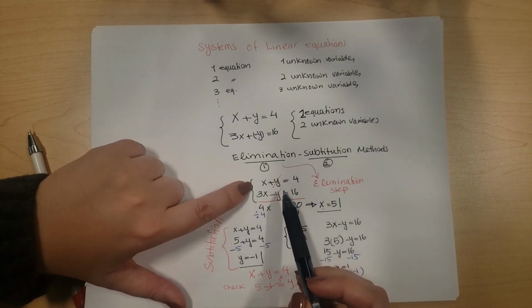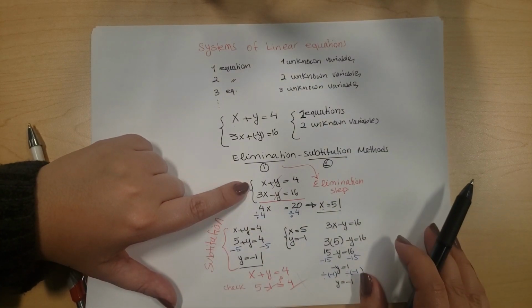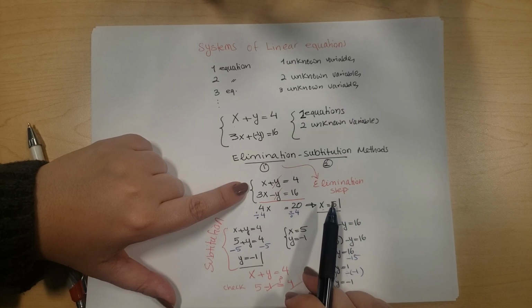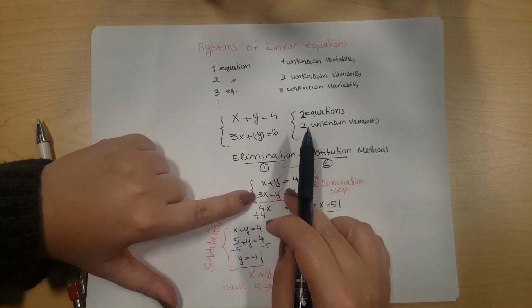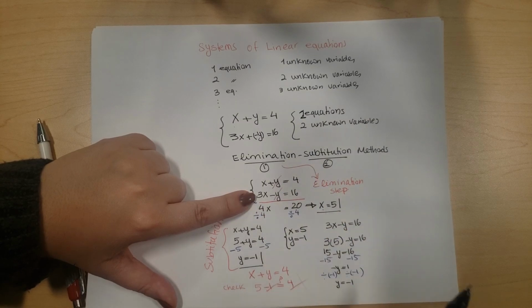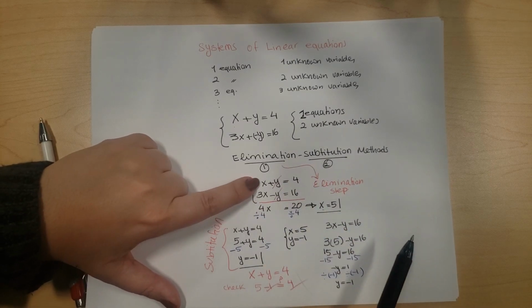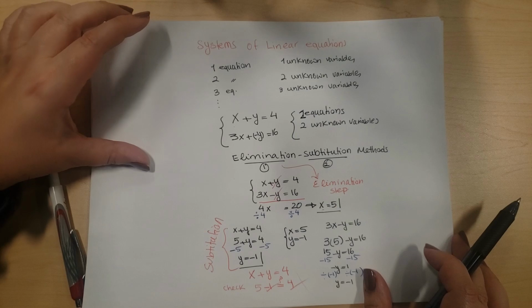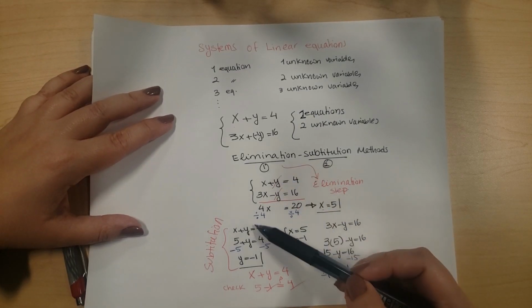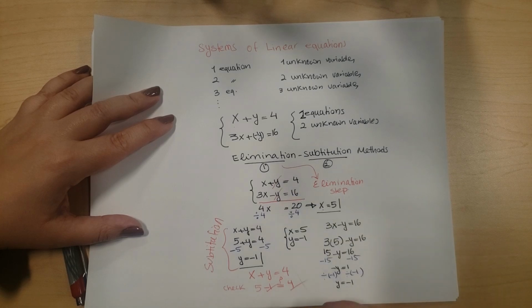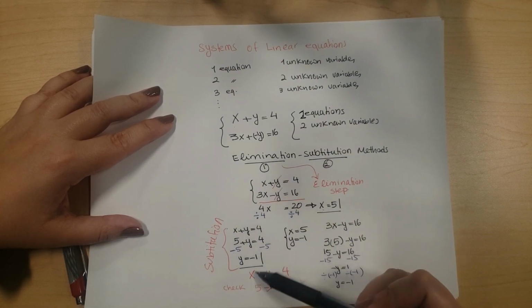Actually, to be honest, I think it's a better idea for you guys if I solve the same equation, but this time I eliminate the y. If I look closely, y and -y can easily cancel out when added together.